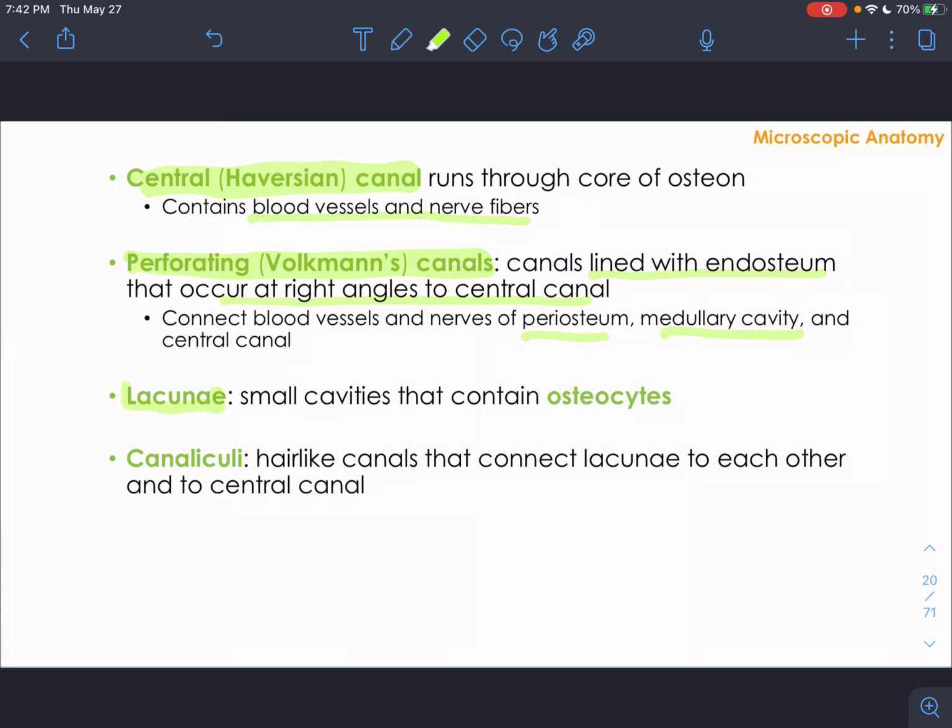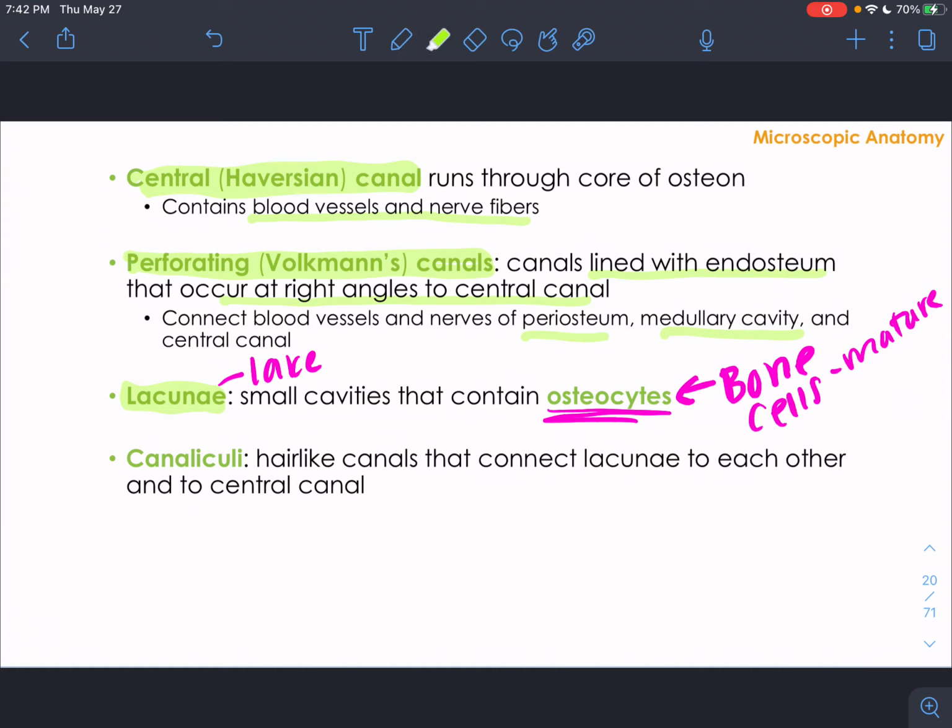We also have structures called lacunae, which we talked about when we talked about cartilage. Lacunae translates to a little lake. They're little holes or lakes within that dense bone tissue that contain osteocytes. Osteocytes are bone cells, mature bone cells.